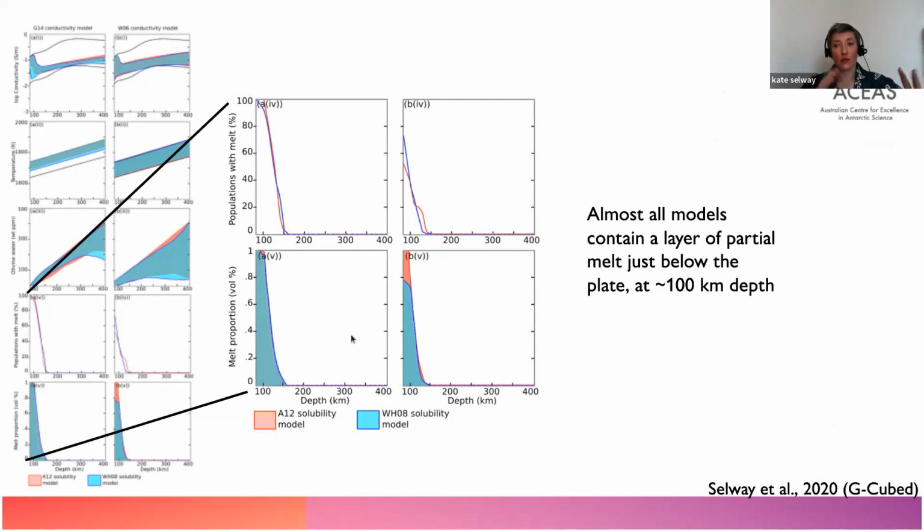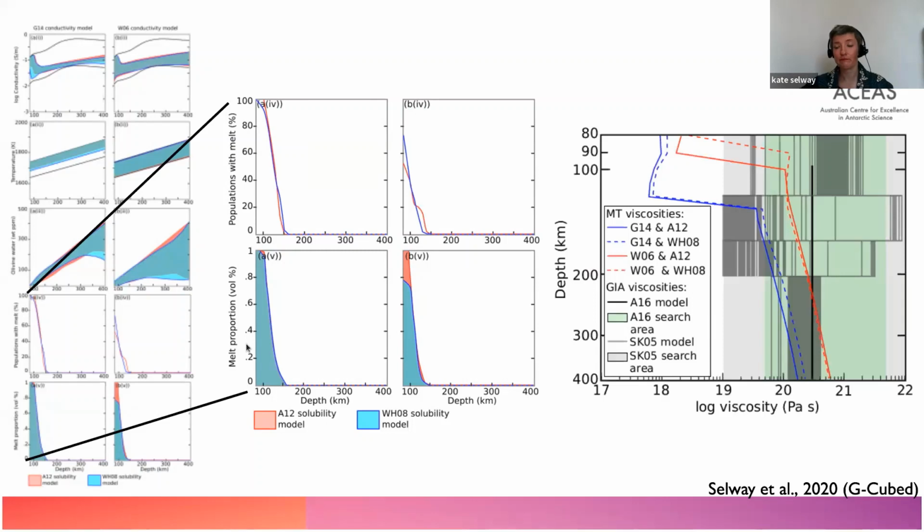Basically what we found was that in all of these models, they required a layer with some partial melt in it just beneath the plate. That means a very low viscosity layer just beneath the plate. We're also able to measure the hydrogen content and the temperature going down to greater depths.